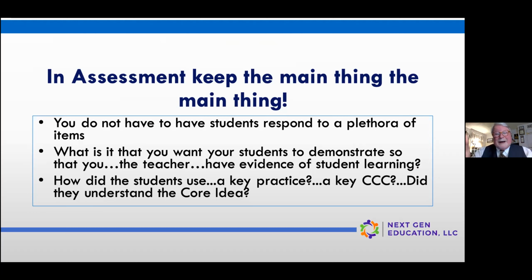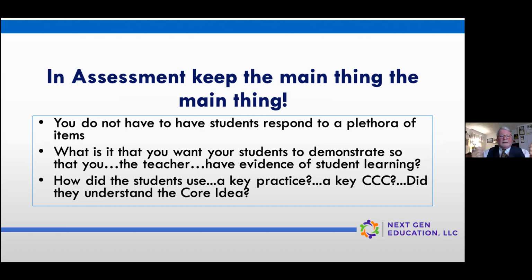But the bottom line is, you don't need a plethora of stuff. You don't need a lot of items to be able to get to student understanding. What you want to do, by the way, is have your students demonstrate. They're not going to demonstrate with a multiple choice or even a constructed response. You want to have them demonstrate what they know. And when you say demonstrate, I'm thinking about something that you can have them actually do, a mini performance.